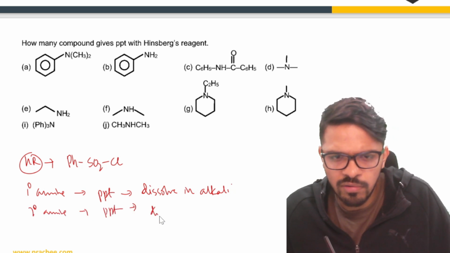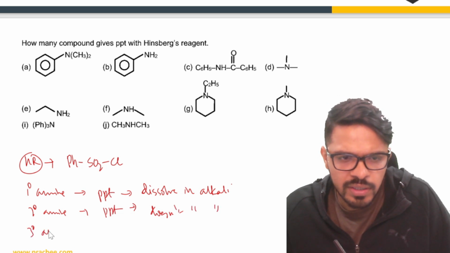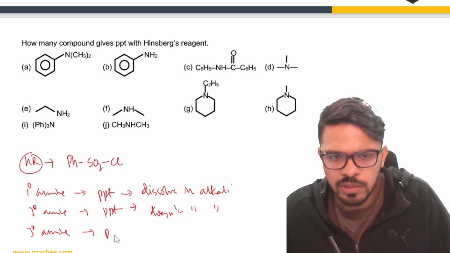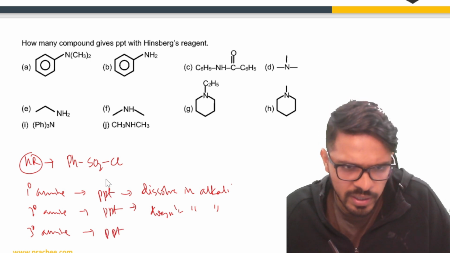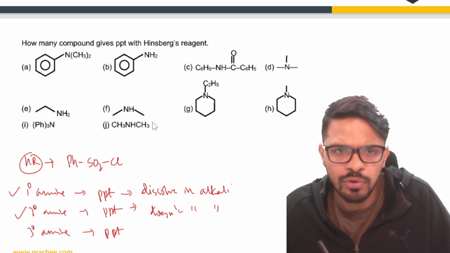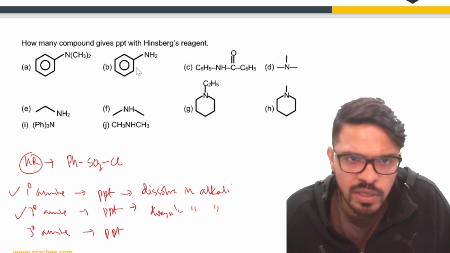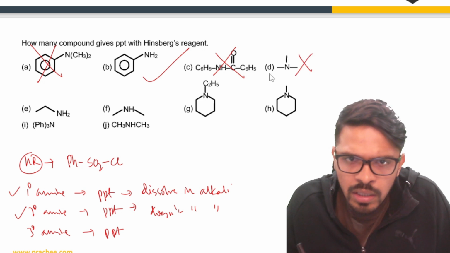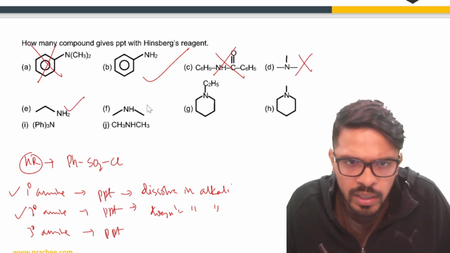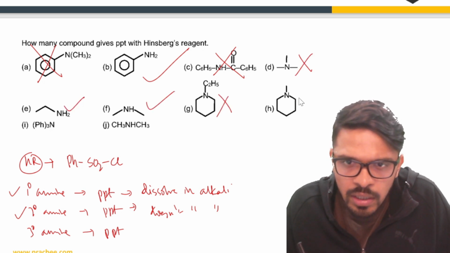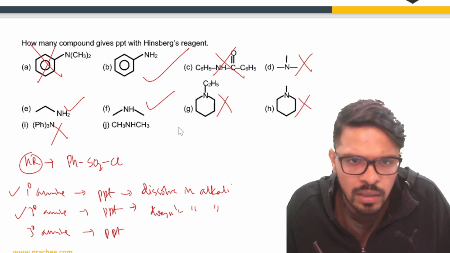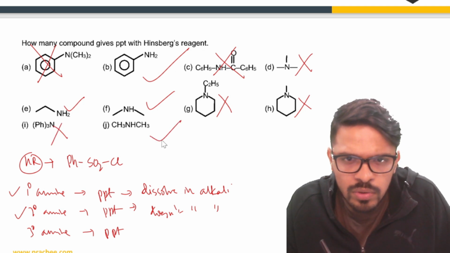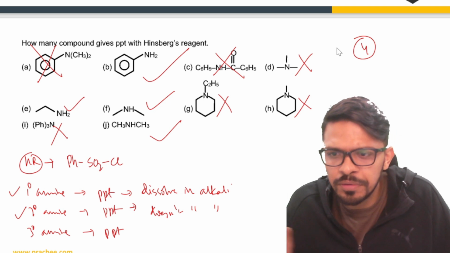It doesn't dissolve in alkali. And 3 degree amine is basically not forming precipitate. So what we get to know here is we need to look for 1 degree as well as 2 degree amines. 1 degree, 1 degree, 2 degree, 2 degree. So I think 1, 2, 3, 4. The correct answer is 4.